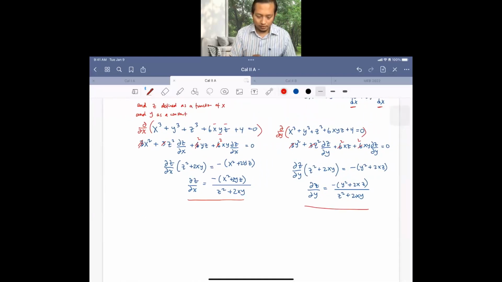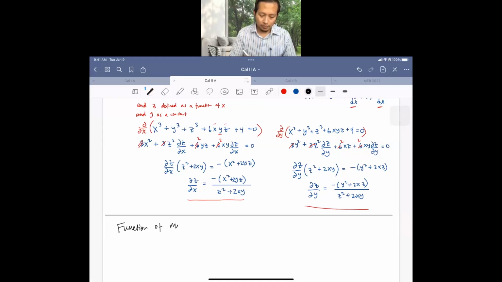Okay, next is a function of more than 2 variables.